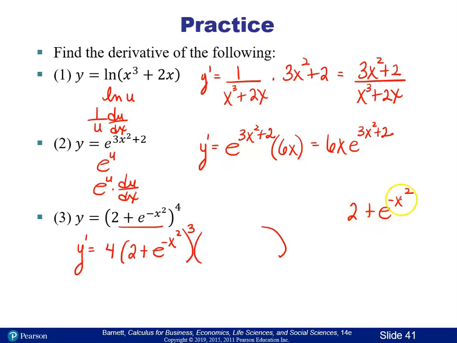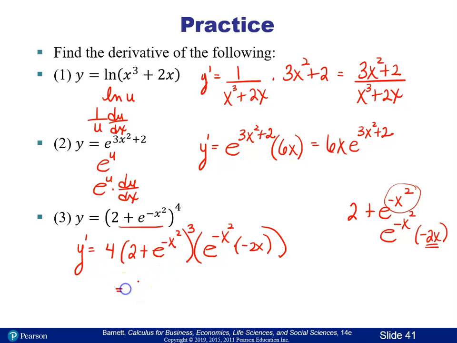The derivative of this is going back to this rule, so it's going to be e to the negative x squared times negative 2x, okay, because that's the derivative of this. So it would be e to the negative x squared times negative 2x.